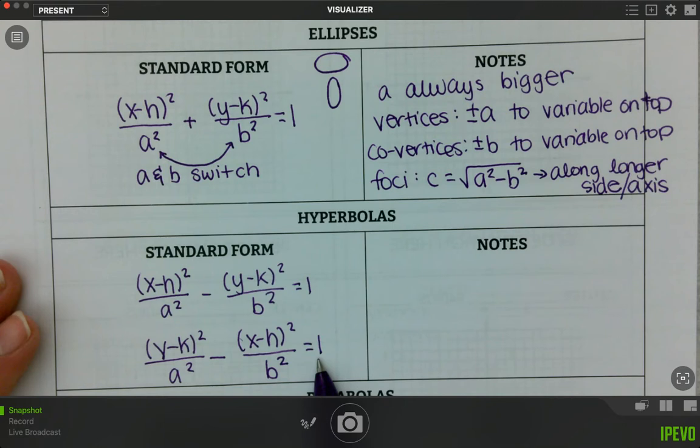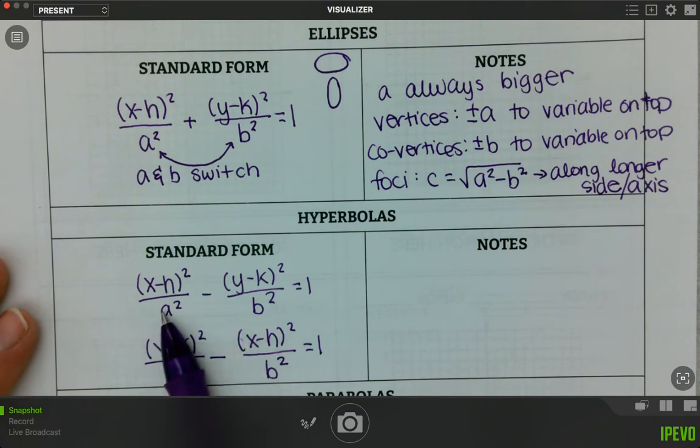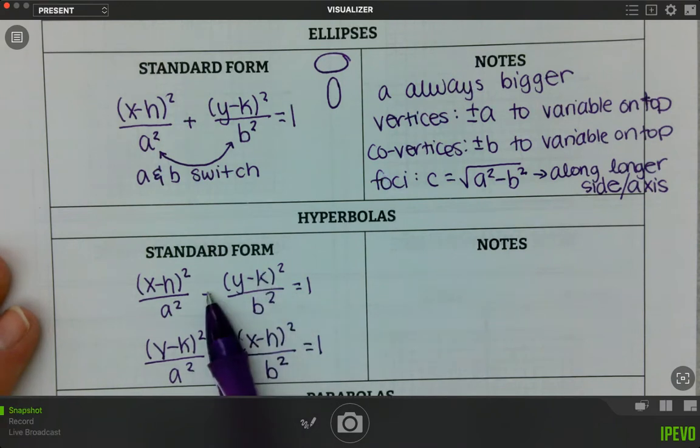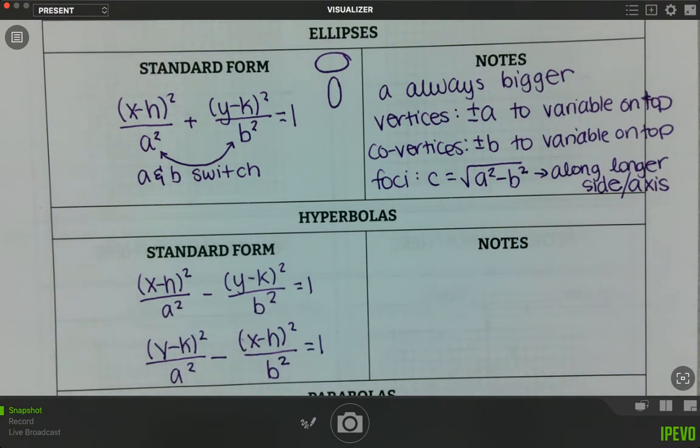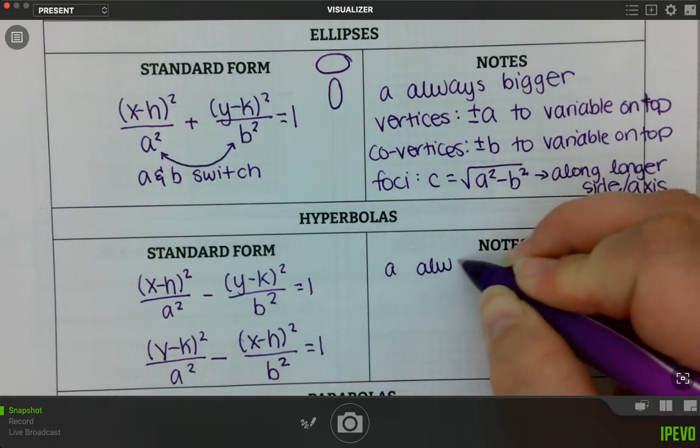The main difference between this and this is this minus sign. And what that minus sign does is now it matters which one goes first, which fraction goes first, because this one's technically negative. And on a hyperbola, A is always first.